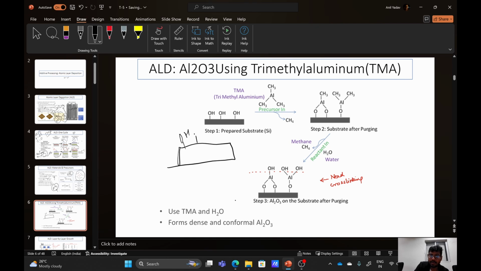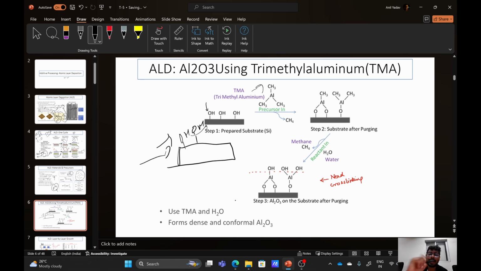The OH bonds are terminated as soon as you keep it in the outside environment, or if it is not that reactive, you can keep it in moisture for some time and then use it. These OH bonds are the reactive sites for trimethyl aluminum.